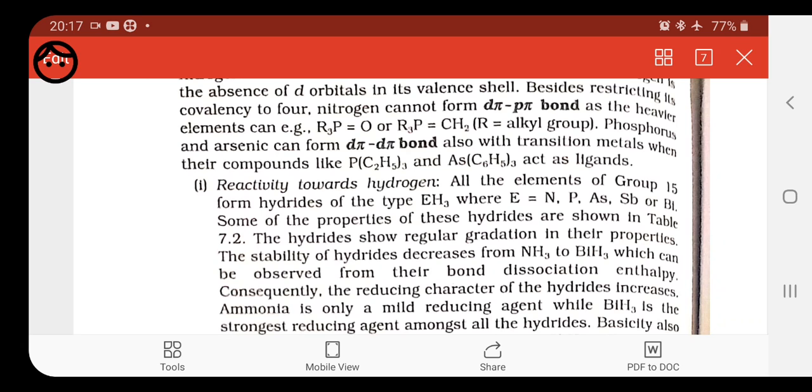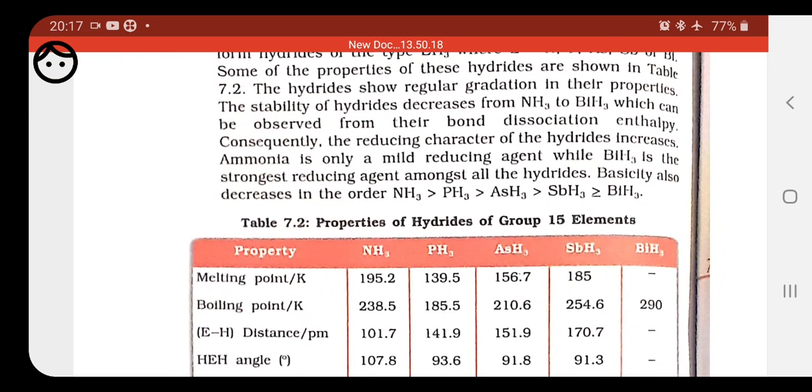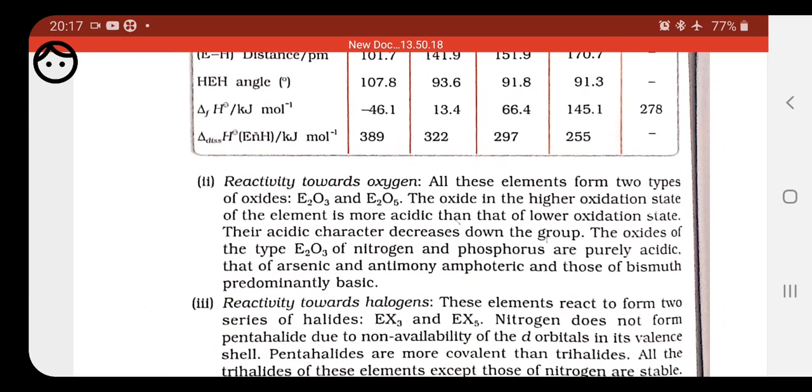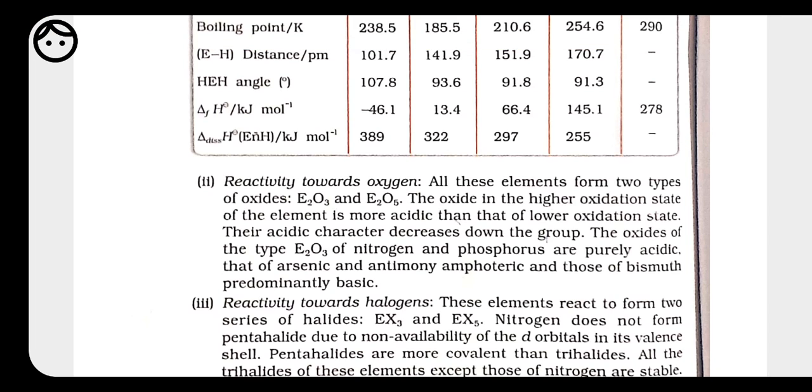Now after that we have reactivity towards oxygen. Here these elements have the tendency to combine with oxygen and form oxides. What type of oxide do they form? They form E2O3 or E2O5 type of oxide. The oxides in the higher oxidation state of the element are more acidic than those in the lower oxidation state.